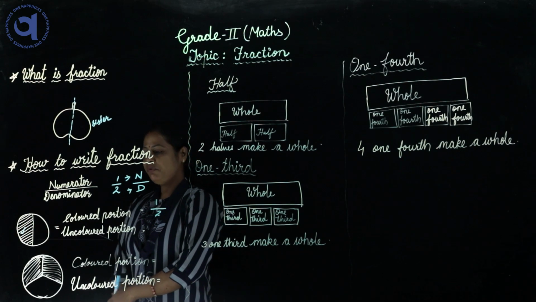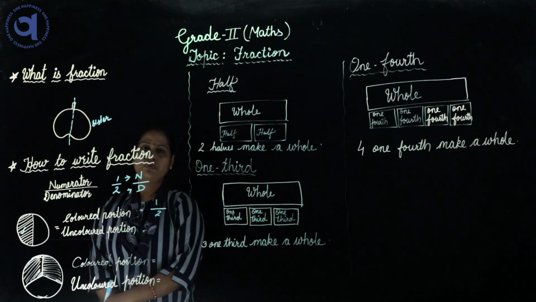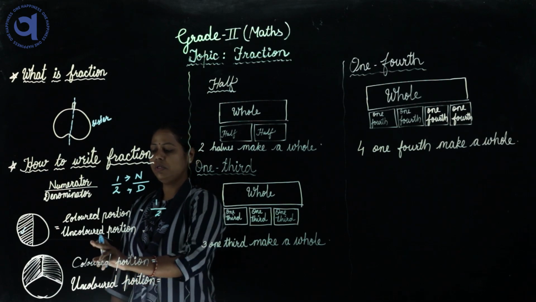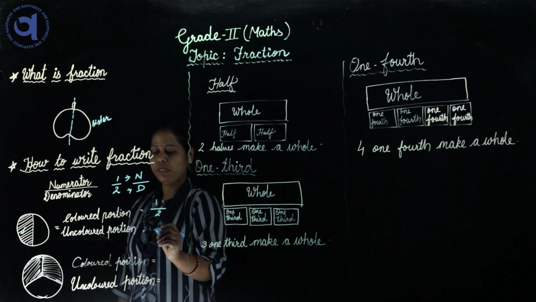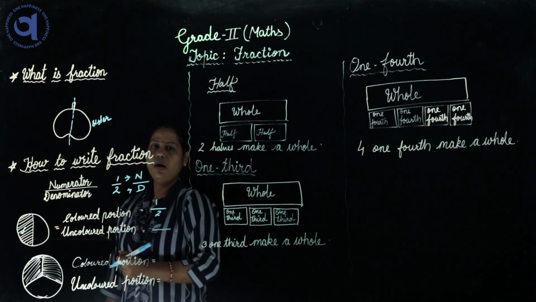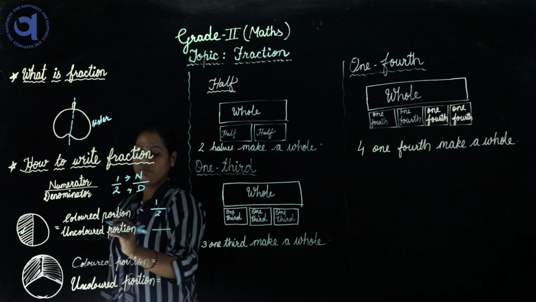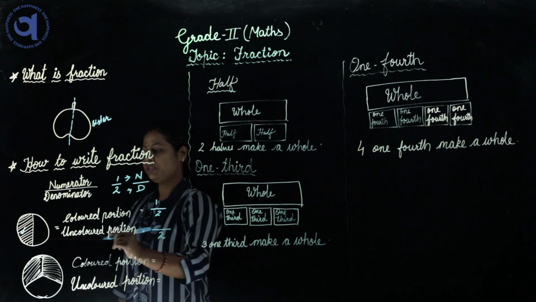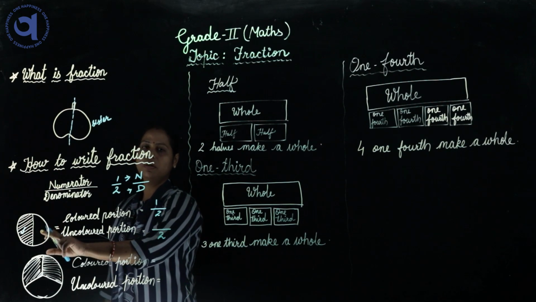Okay. If you have to find how many portions are uncolored, or what is the fraction of the uncolored portion, we have to find the fraction. Same, we have to first decide how many total equal parts. Total parts will be your denominator, okay, two equal parts, and one portion is uncolored.